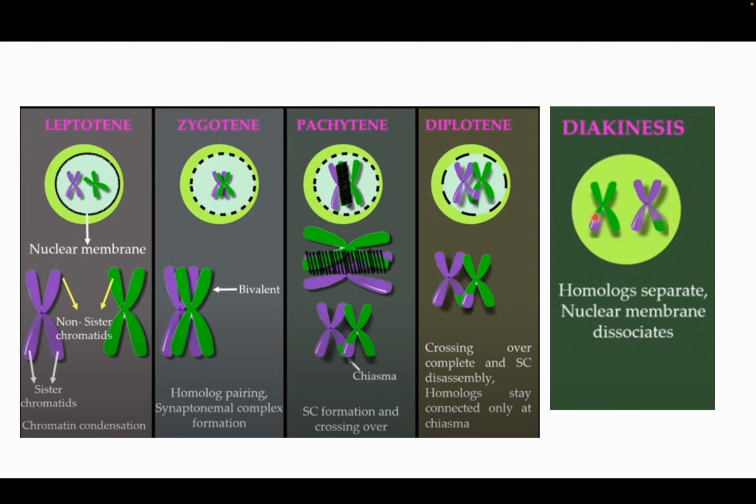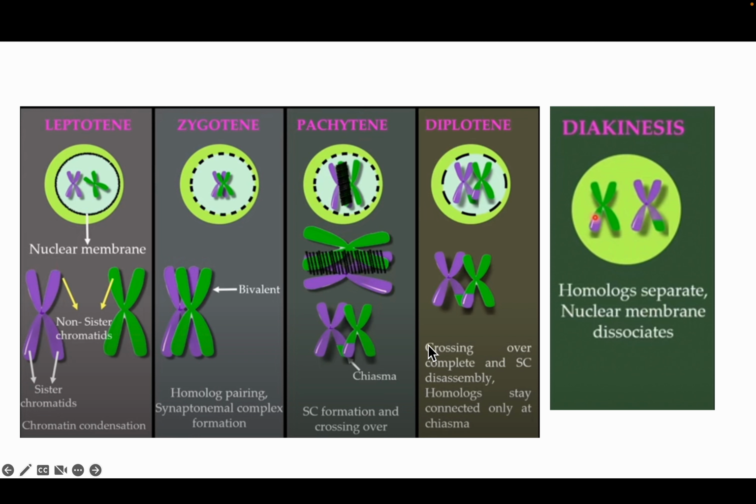Those complexes are called the synaptonemal complex, and its formation starts from zygotene itself. Then in the pachytene stage, synaptonemal complex formation is successfully completed, and crossing over starts. Crossing over means the exchange of chromatids between two homologous chromosomes.